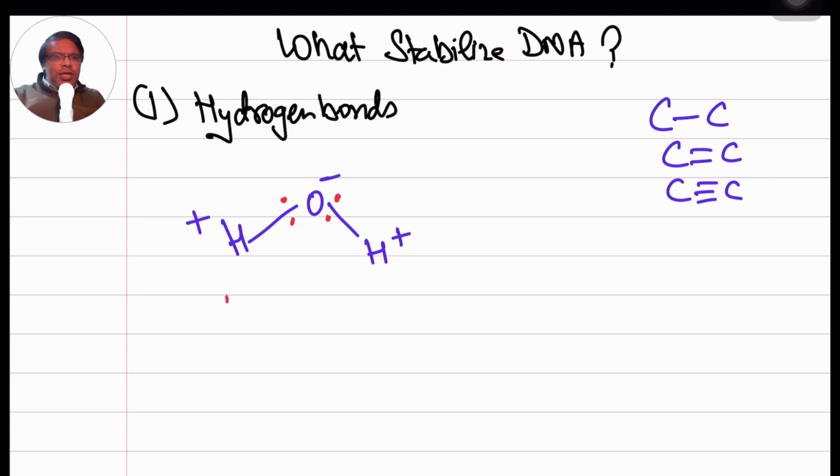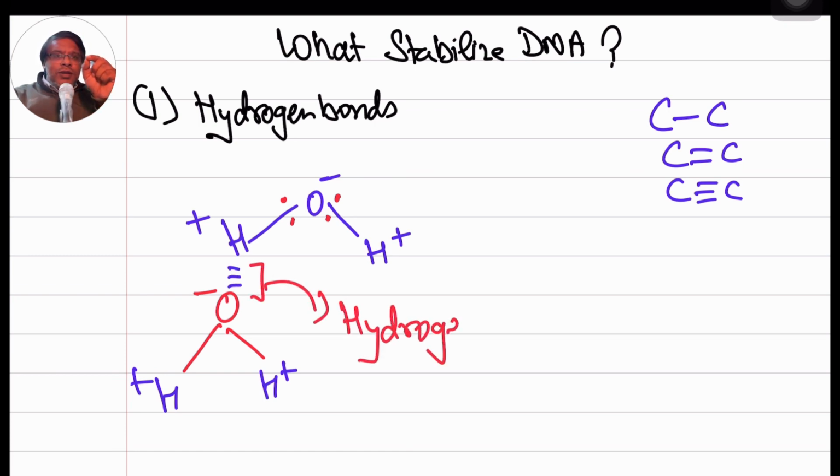If there is another water molecule with the same thing, always remember that between different charges you have attraction. So the attraction between positive hydrogen and negative oxygen results in the formation of hydrogen bonds.